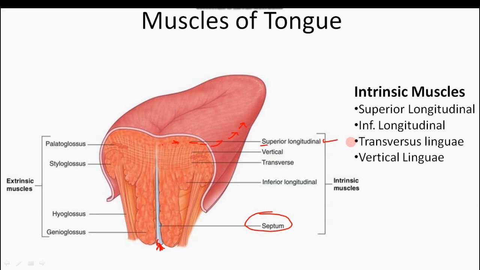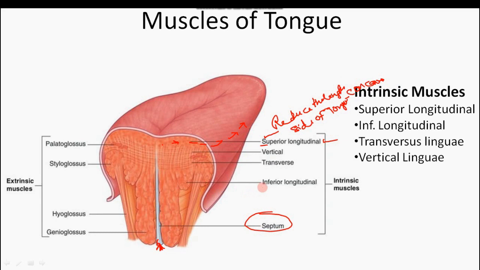So they are inserted on the side of the tongue. The action of this is to reduce the length of the tongue and to make the side of the tongue concave. Clear?